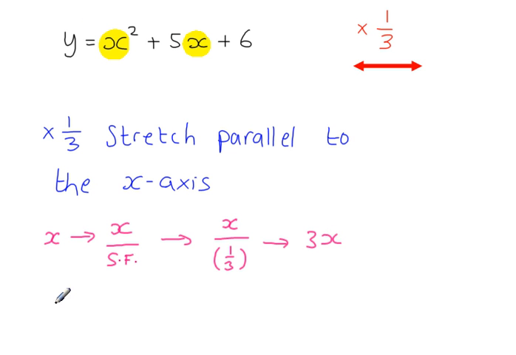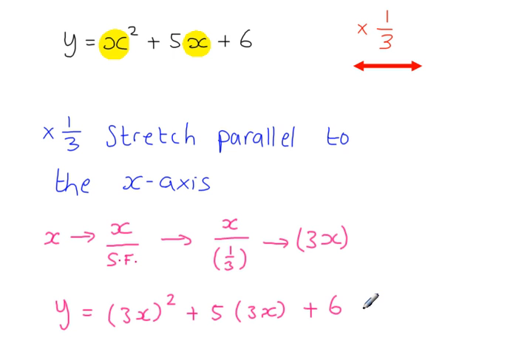So the new equation becomes y is equal to, and I should put brackets around here wherever I use this, so 3x, that's replacing the x here with that 3x, squared, plus 5 times 3x, that's replacing the x there, plus 6. So this is the new equation after the stretch parallel to the x-axis of ×1/3.